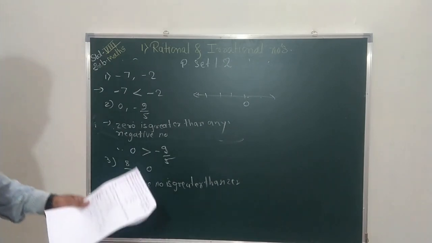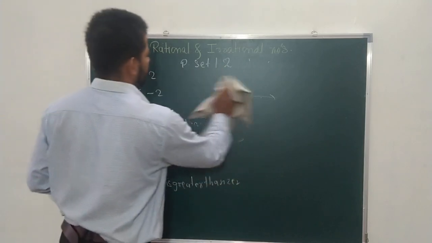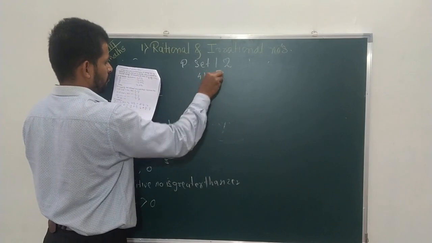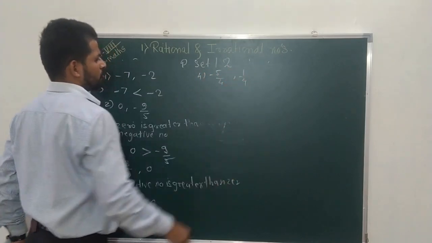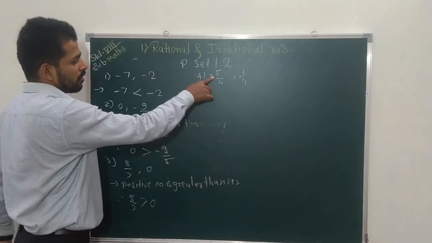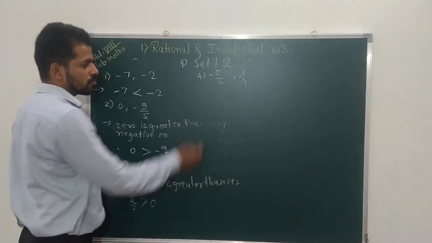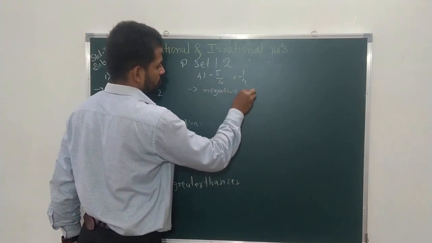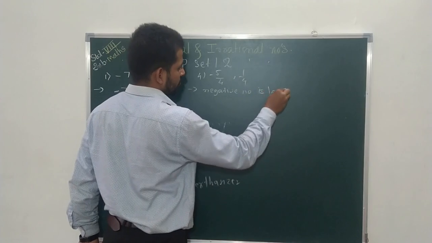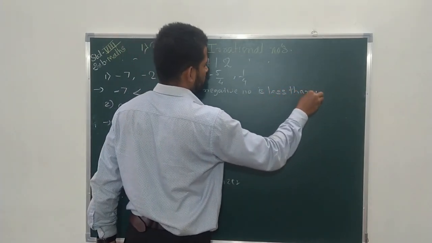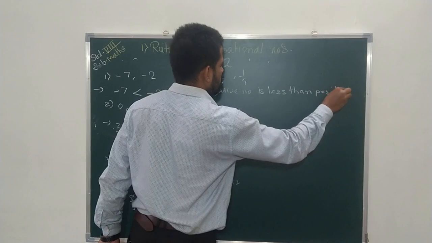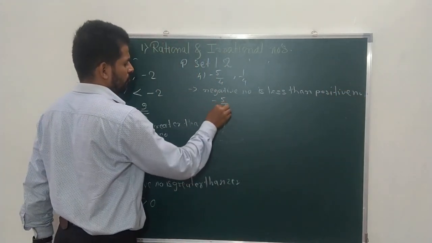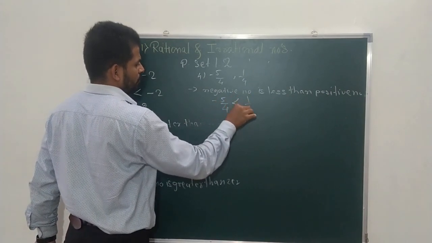Now next one, example number 4, -5 upon 4 and 1 upon 4. You don't necessarily have to compare 4, because the first is negative and the second is positive. So a negative number is less than a positive number. So -5 upon 4 is less than 1 upon 4.